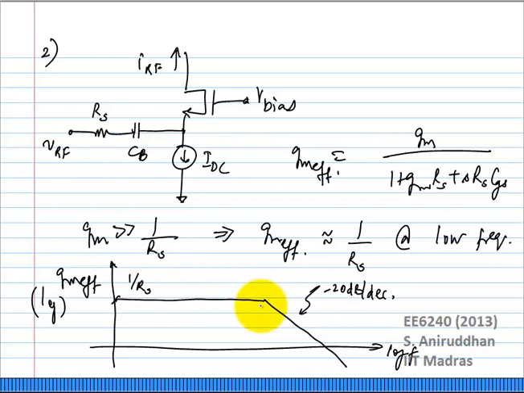What is the pole frequency? It is omega t of the device itself. Okay? The pole frequency will be just omega t because it is just CGS in parallel with 1 over GM in parallel with RS. 1 over GM will dominate and it will just be GM over CGS.